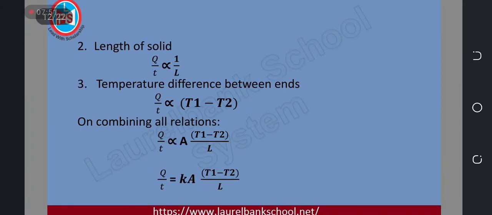Now come towards the second factor, that is the length of a solid. The length of a solid is inversely proportional to the rate of flow of heat.